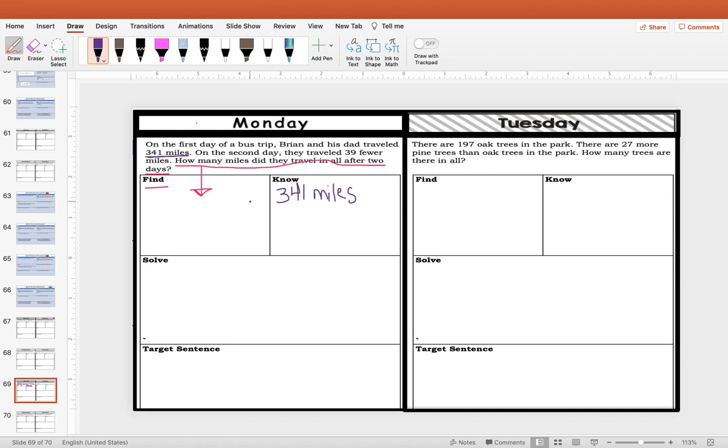Another thing that I know is that they traveled 39 fewer miles. So that is 39 fewer miles.